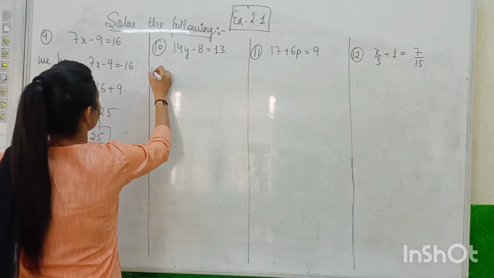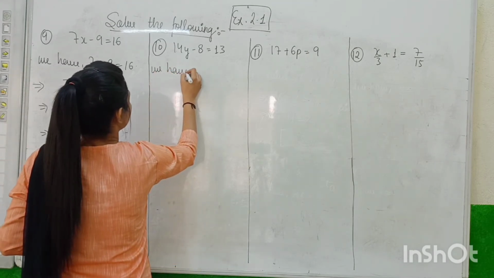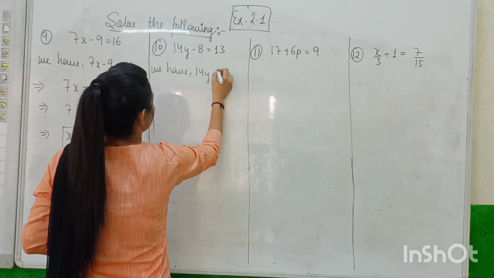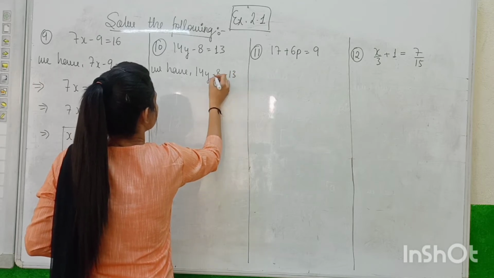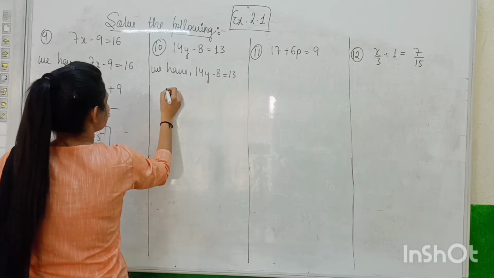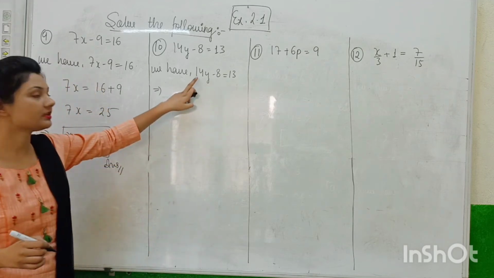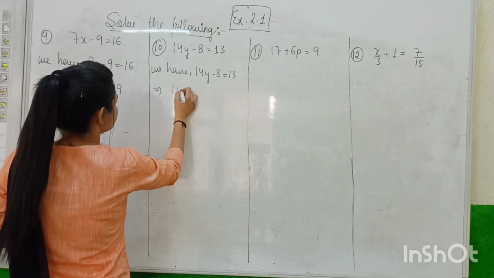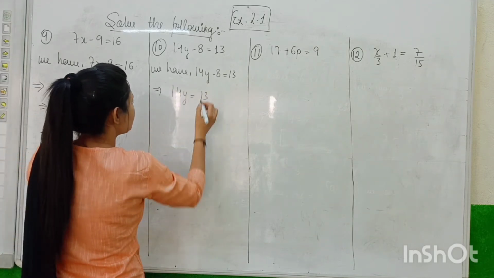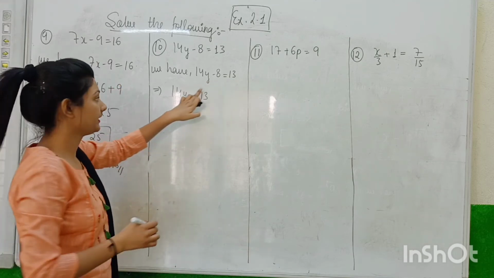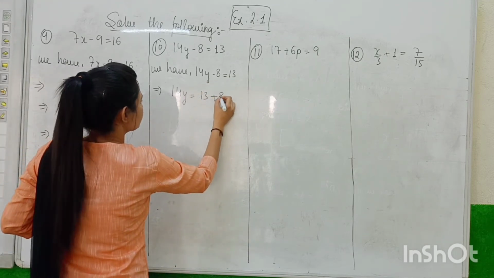Here we have 14y minus 8 is equals to 13. So again step by step, this 14y will be kept as it is. Now this minus 8 will go on the right hand side and this minus 8 will become plus 8.